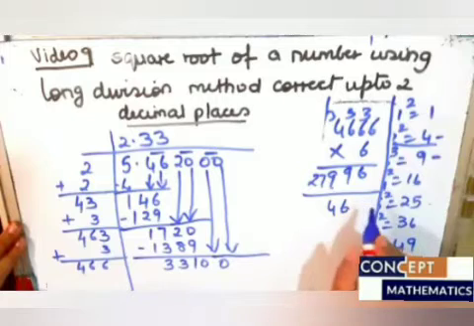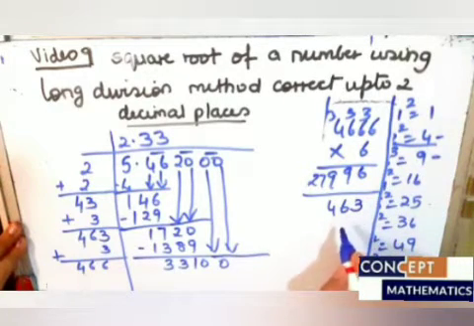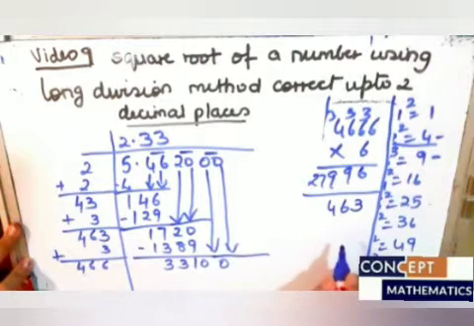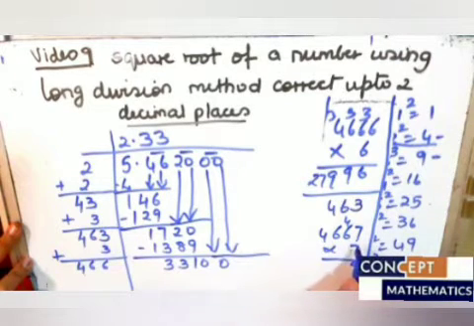Then 4667 into 7: 7 7s are 49, 6 7s are 42, 46 again 42, 46, 28, 29, 30, 31, 32.